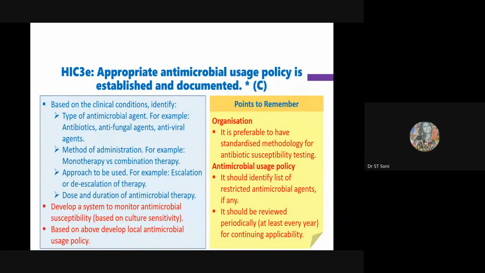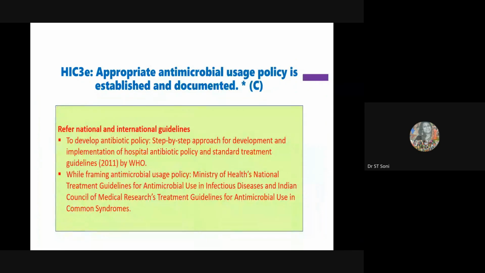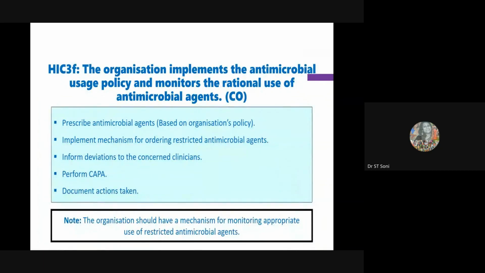So the sub-program or other branch of the infection prevention and control program is the antimicrobial stewardship program. We need to have a system to monitor whether the antibiotic is being rationally used or not. The microbiologist will help you in this, and you can refer to these guidelines. The newer guidelines have come.